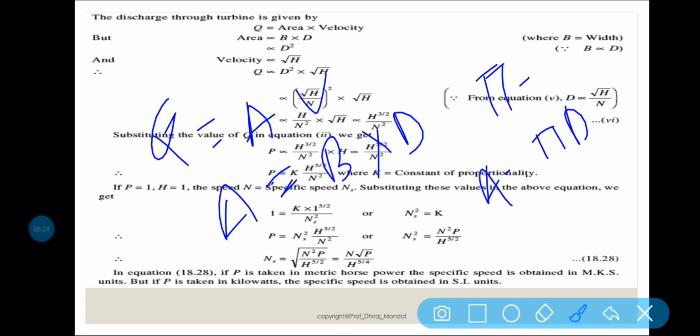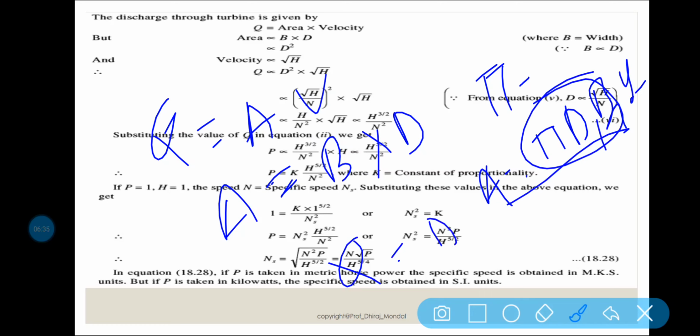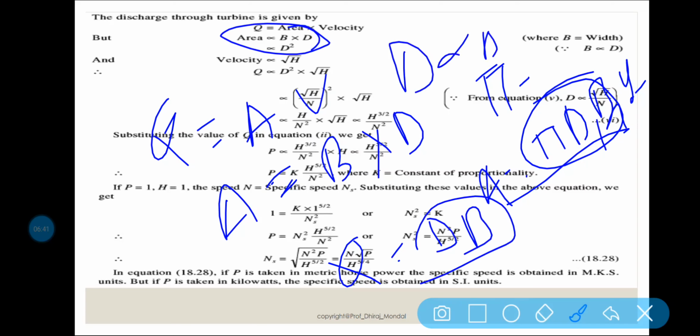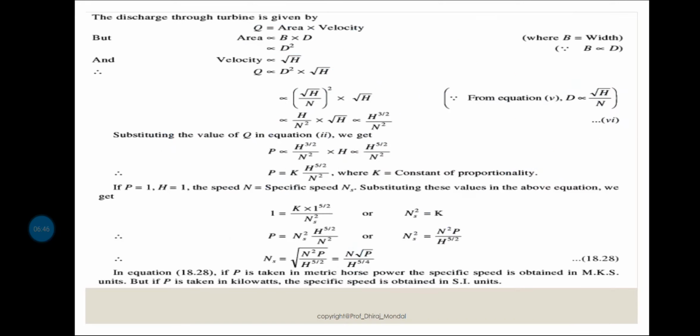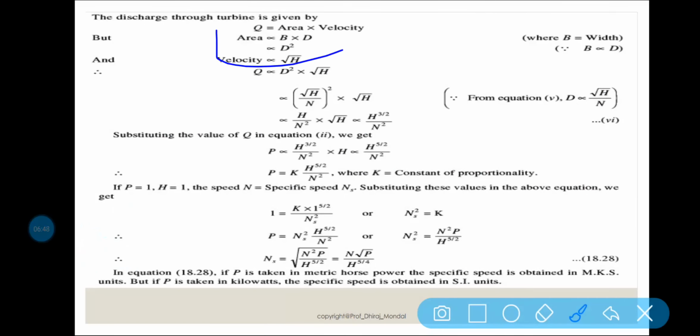Pi d1 b1 into vf1. Can I write this? So basically this area is pi d1 b1. So q is proportional to d into b. Can I write this? So that is written here, and as we know that b is proportional to d, that is why area is proportional to d square. So up to this it is clear.